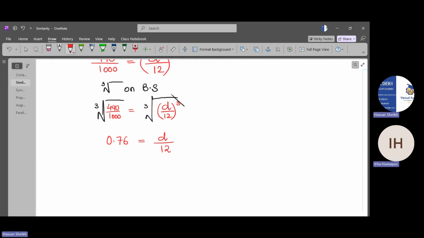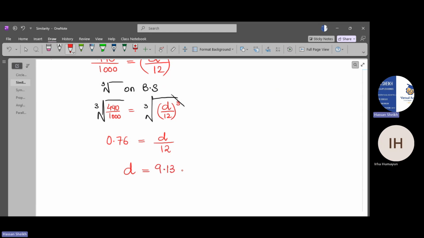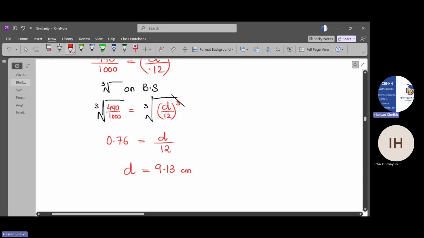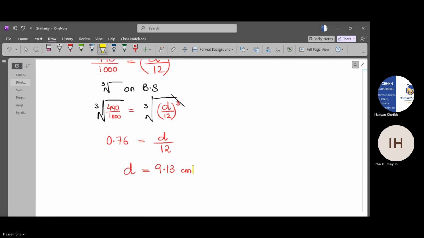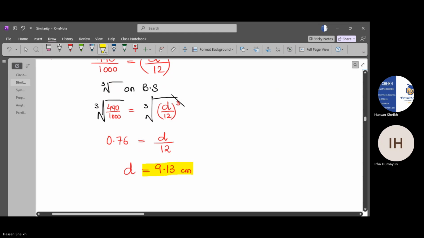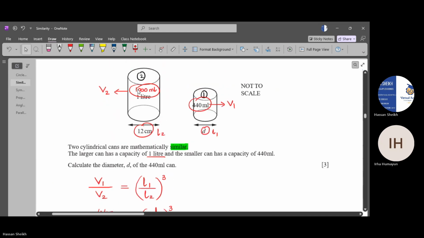Are you getting 9.13? 9.127, so the diameter of this cylinder must be 9.13 after rounding off. Because it's a diameter, it's a linear dimension with a linear unit. Agree? Yes, sir. And the units are centimeters because that's what they're given in here.